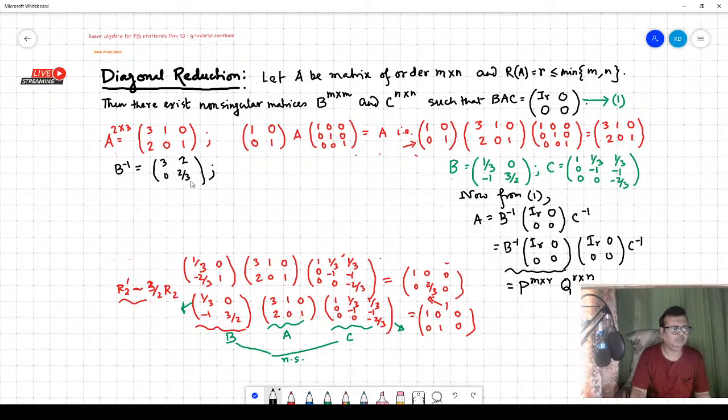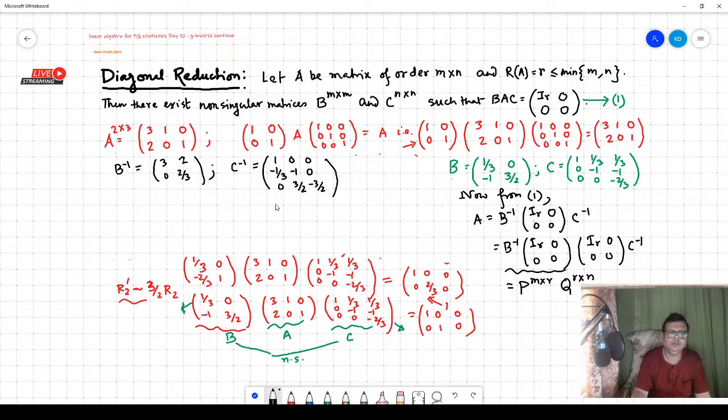Will you get the same values or not? B inverse, then C inverse is equal to 1 0 0, minus 1/3, minus 1 0, 0, 3/2, minus 3/2.